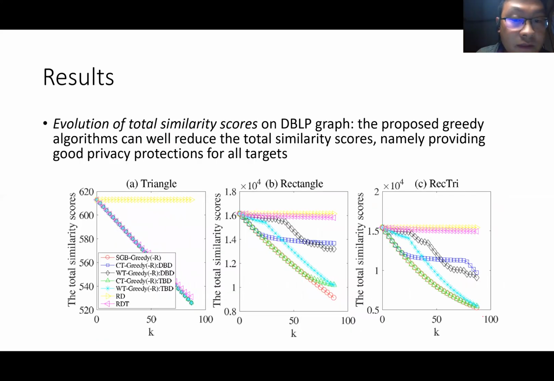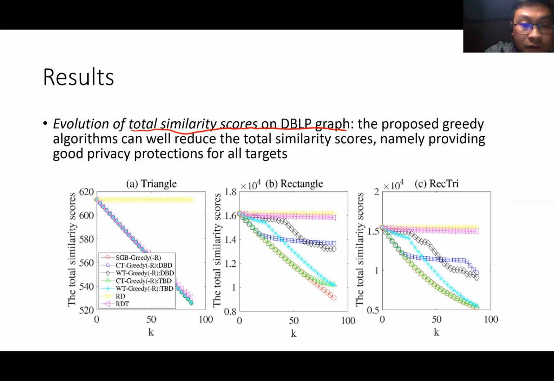In the results, we first evaluate the evolution of total similarity scores on the DBLP graph, because low similarity of all targets means better privacy preserving. So this is a very direct metric to evaluate the effect of target privacy preserving.